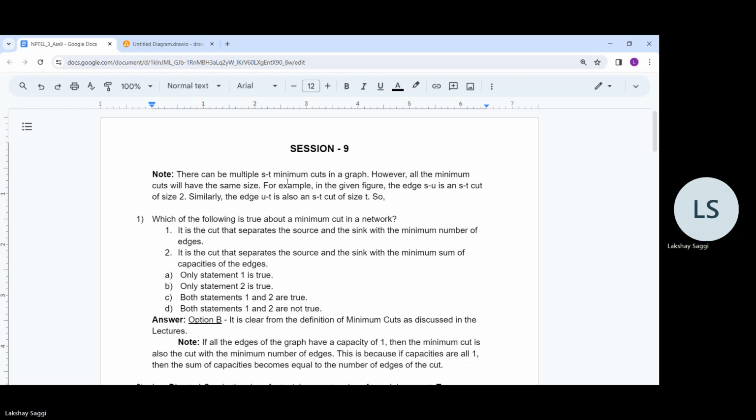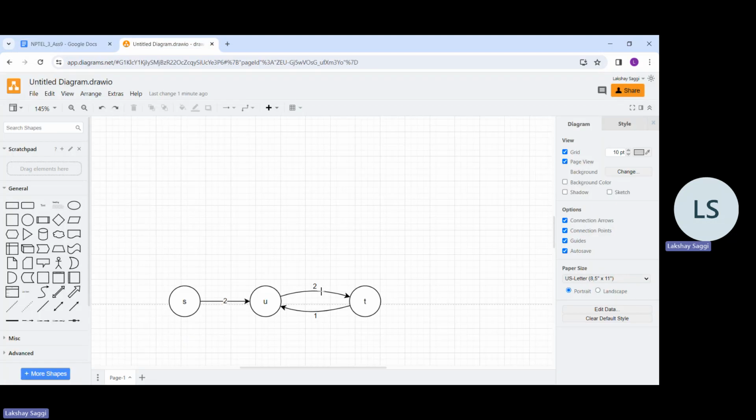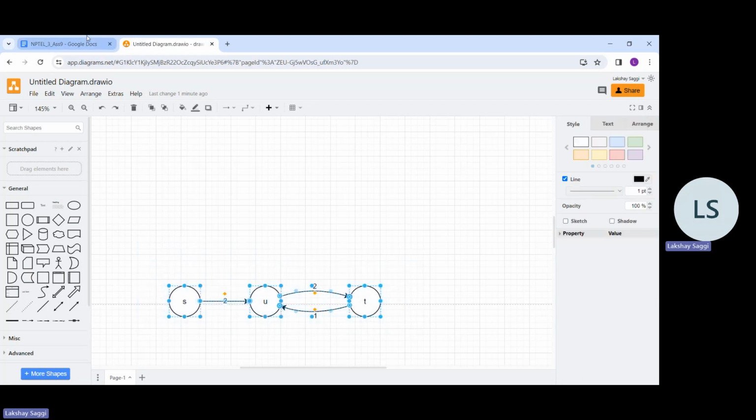So there are two minimum ST cuts in the given graph, and both have a size of 2. These are two different ST cuts, but they have the same capacity. I hope you get the gist of what I'm trying to say here.